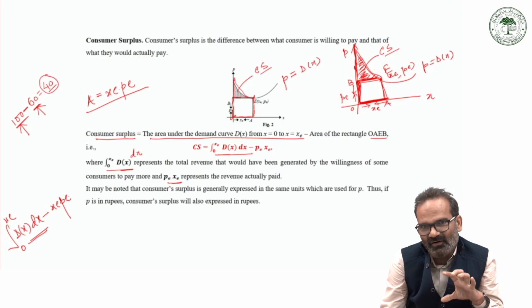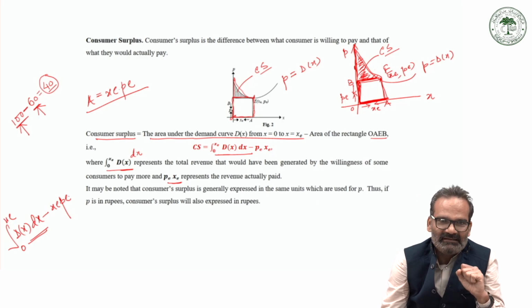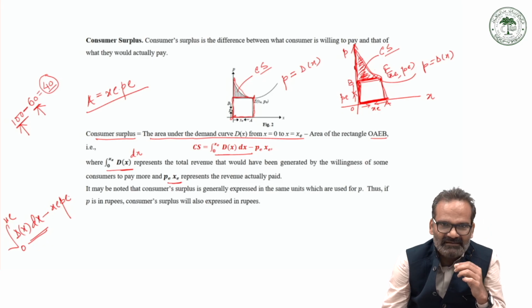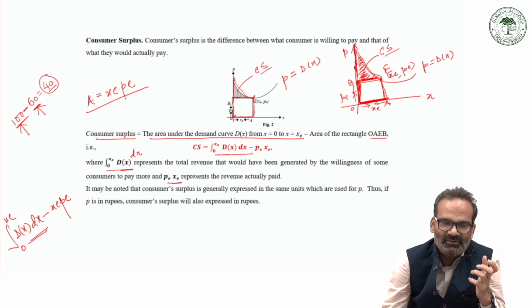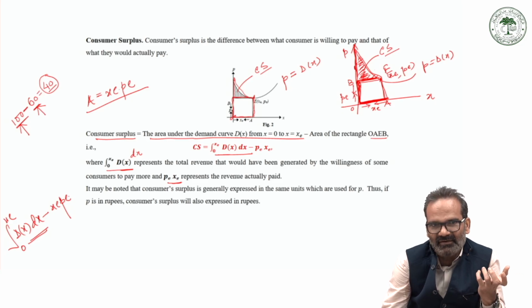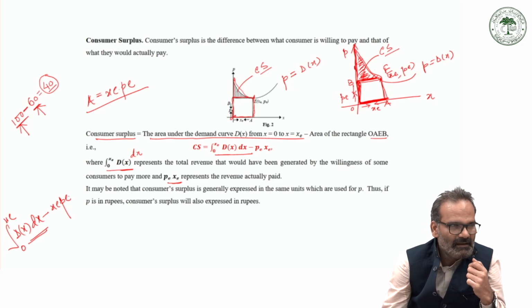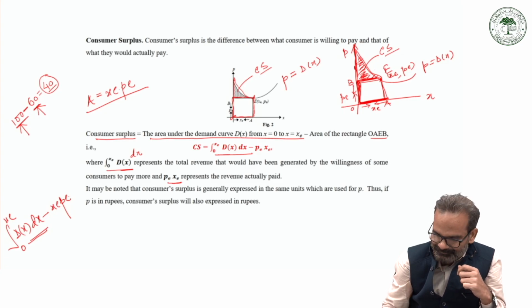So the difference of these two gives you the consumer surplus. You should also note one point: consumer surplus is generally expressed in the same unit used for the price. Naturally the unit for the price is rupees, therefore the unit of the consumer surplus should also be taken as rupees, right?